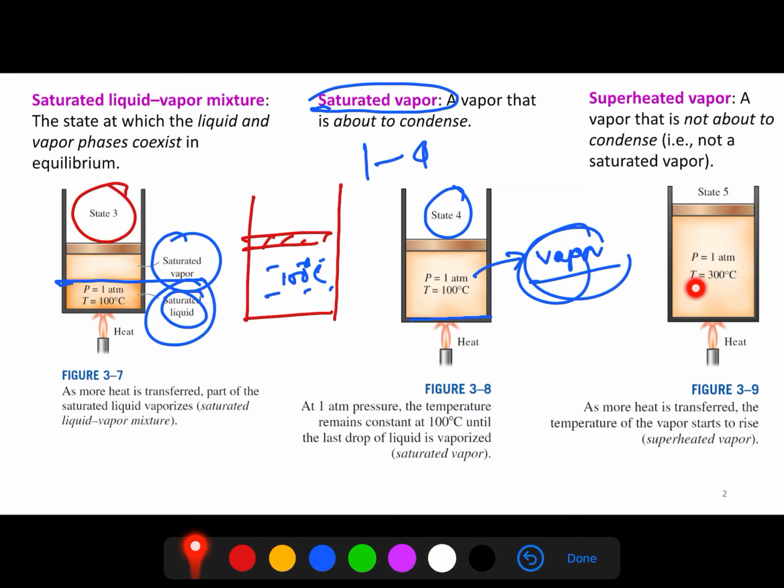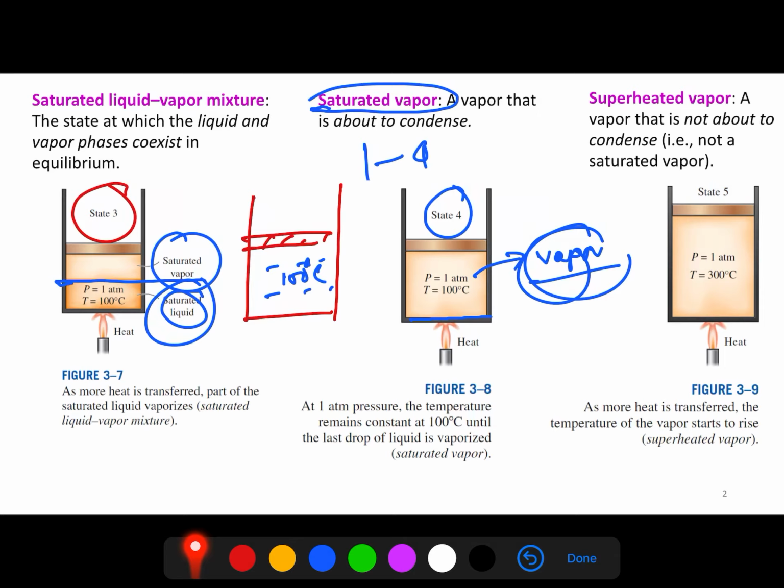Let's say 300 degrees centigrade, but the pressure is constant always. If we put more heat, the only change will be the specific volume will increase and the temperature will increase. Okay, so you see the volume, look at the level here and here, it has increased because we put more heat, so the specific volume increases.